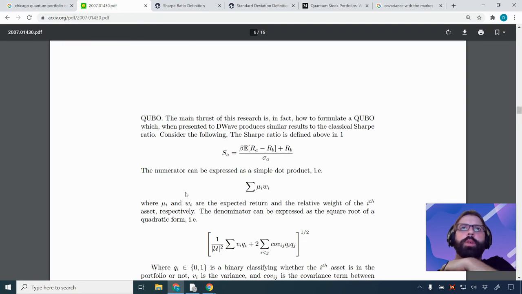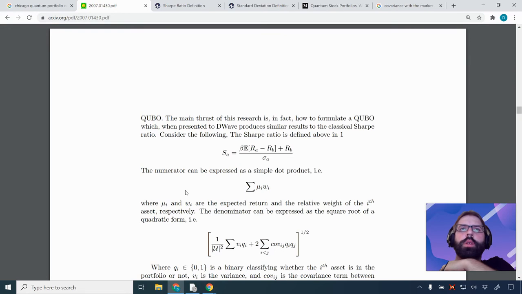The numerator can be expressed as a simple dot product, where mu_i and w_i are the expected return and the relative weight of the ith asset respectively. The expected return and relative weight. Okay.